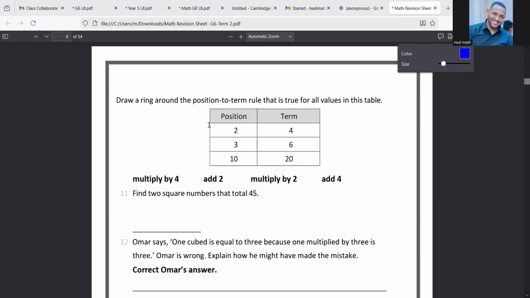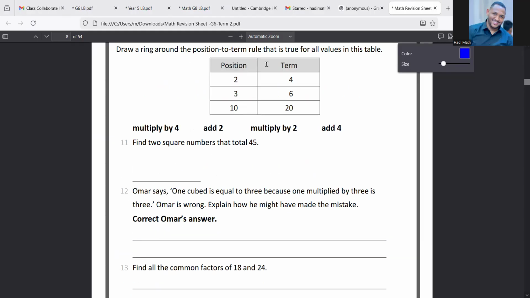Draw a ring around the position-to-term rule that is true for all values in the table. Like this is a position and this is term. 2 becomes 4. 3 becomes 6. 10 becomes 20. So if you see, we multiply by what? We multiply by 2.